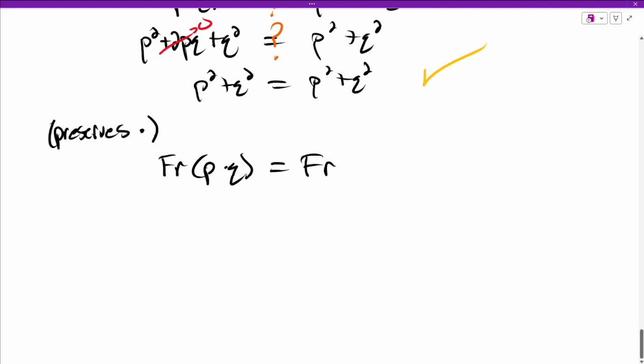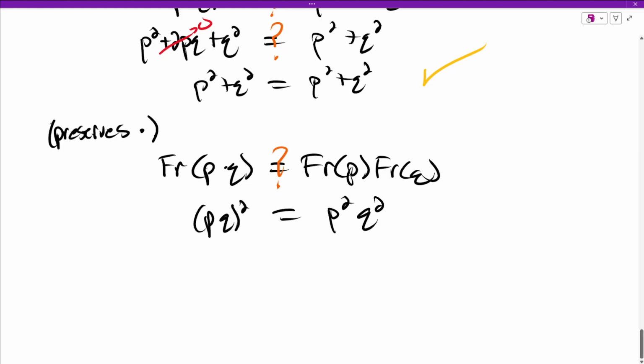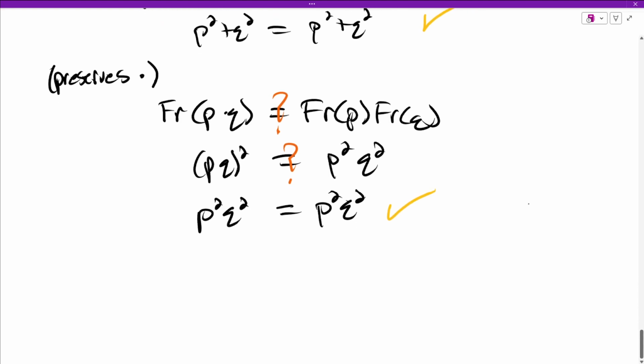We have to compare that to the Frobenius of P times the Frobenius of Q. The Frobenius of anything is you square it, so we're going to square PQ. The Frobenius of P is P squared, of Q is Q squared. Great. Now, we have a commutative ring, right? So it doesn't matter the order in which we multiply, so this is P squared, Q squared. And are these equal? Yeah, they're equal. Sweet. So does it preserve times? Yeah, it preserves times. Cool.